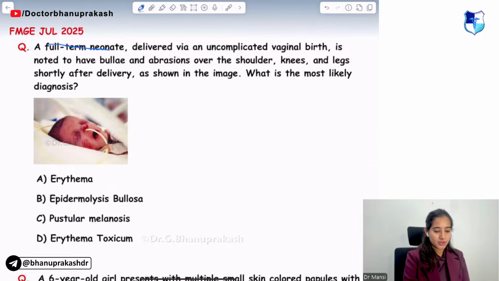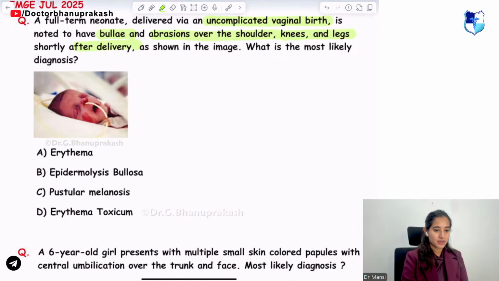A full term neonate who was delivered by an uncomplicated vaginal birth is noted to have bullae and abrasions over the shoulder, knees, and legs shortly after delivery. What is the most likely diagnosis? Is it epidermolysis bullosa, pustular melanosis, or erythema toxicum?